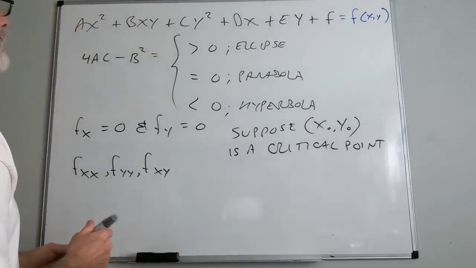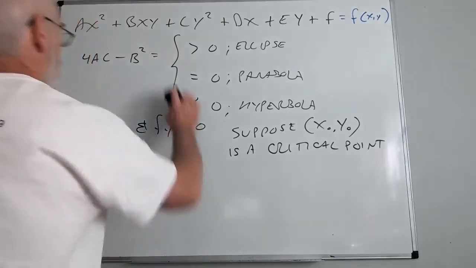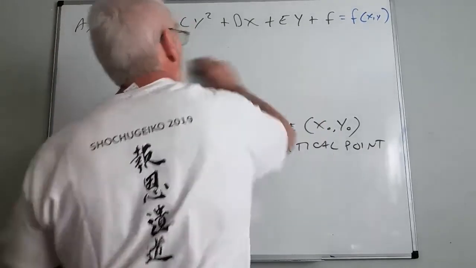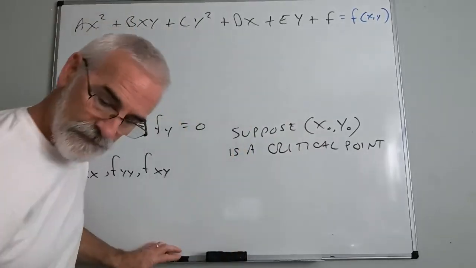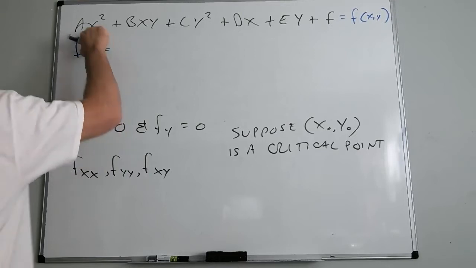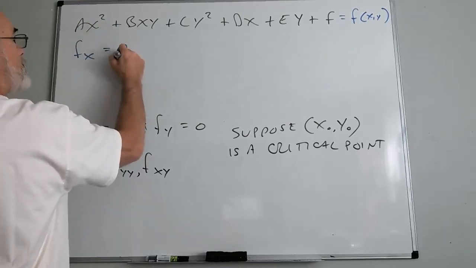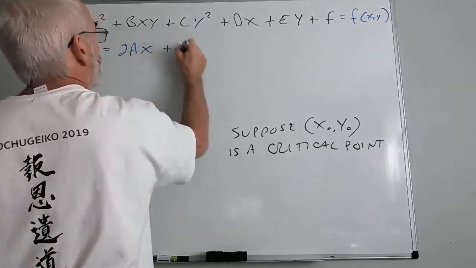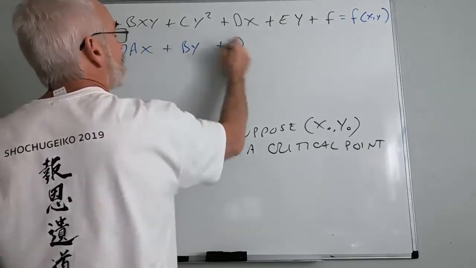So I'm going to go back up to this conic. Let me erase this stuff right here. The secret comes from the conic. If I said, what's fx? You'd say fx is 2ax plus by plus d.